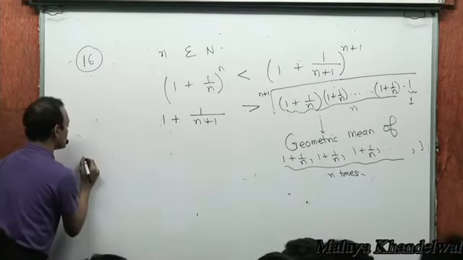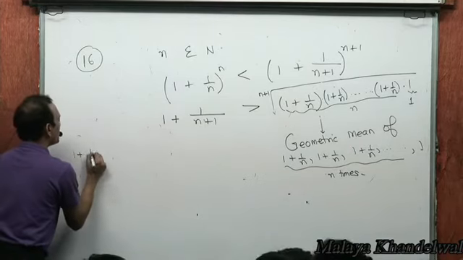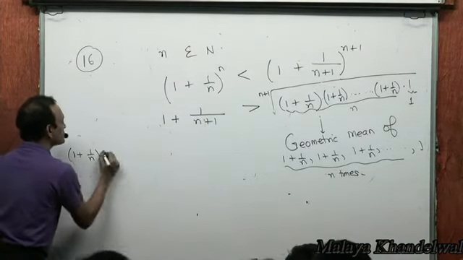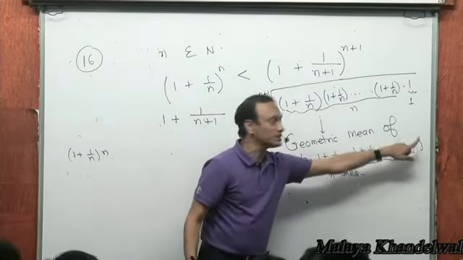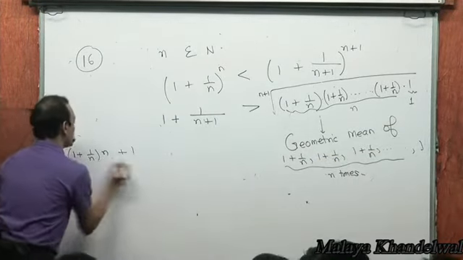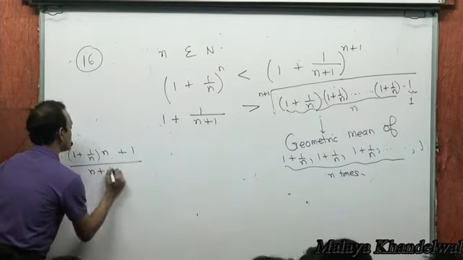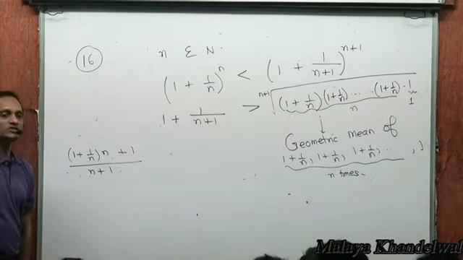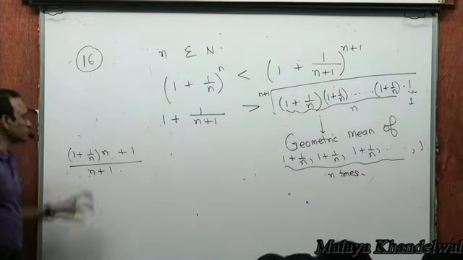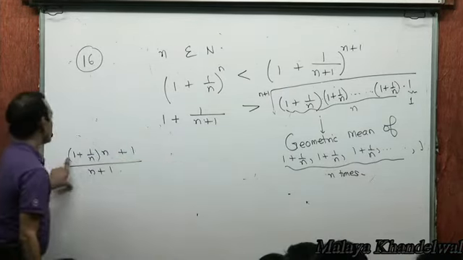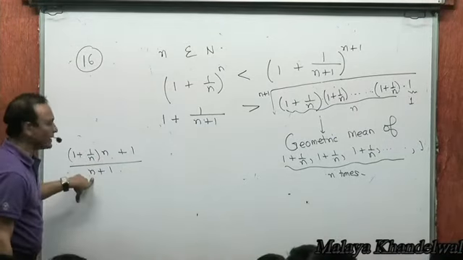The arithmetic mean of these n plus 1 numbers would be their sum, 1 plus 1 by n added n times, plus 1, divided by the total number of numbers. Yes or no? Arithmetic mean of these numbers means their sum divided by the total number of numbers.